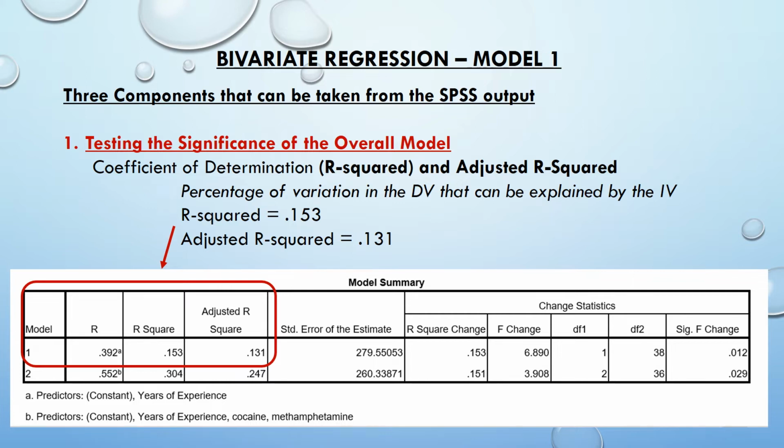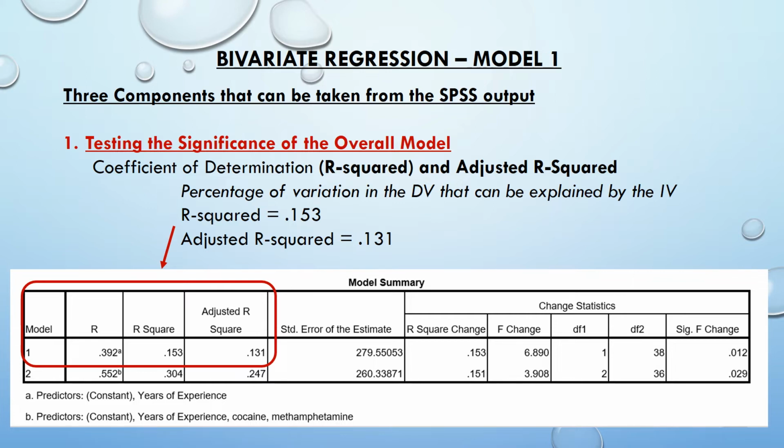It tells us the percentage of variation in the dependent variable that can be explained by the independent variable. In this particular example, it's a bivariate regression, so we only have one independent variable and one dependent variable, which adds to 2. So it's telling us the percentage of variation in money earned from dealing drugs that can be explained by the independent variable, which is years of experience.